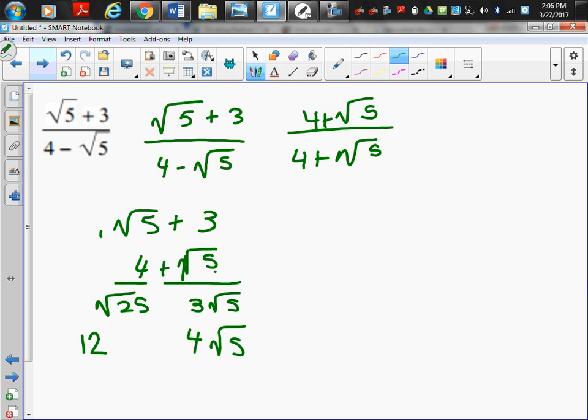Alright, there we go. So what's the square root of 25? 5. So I'm going to take this square root of 25 and replace it with a 5.